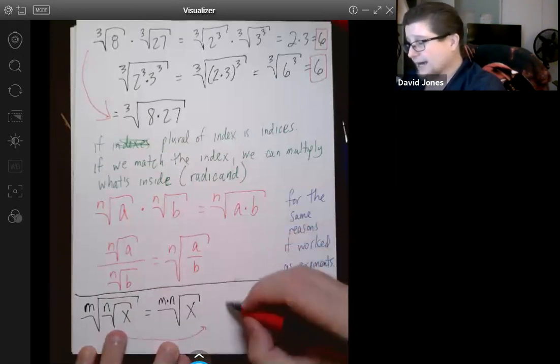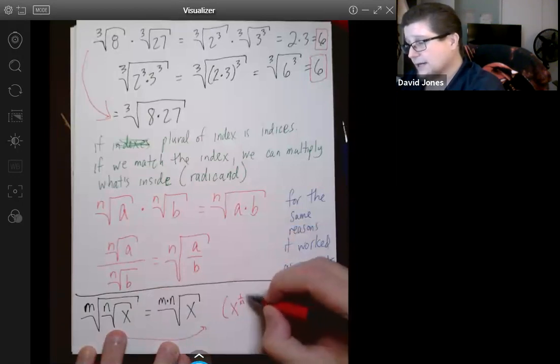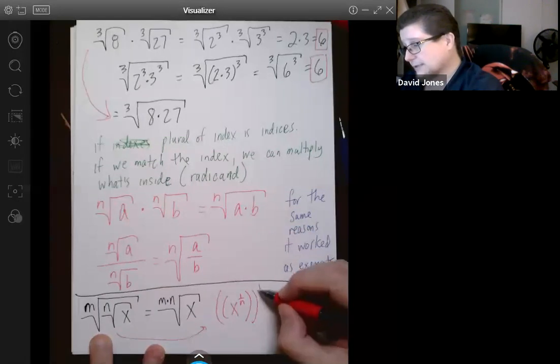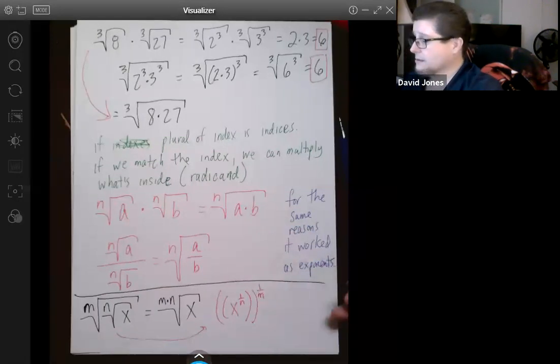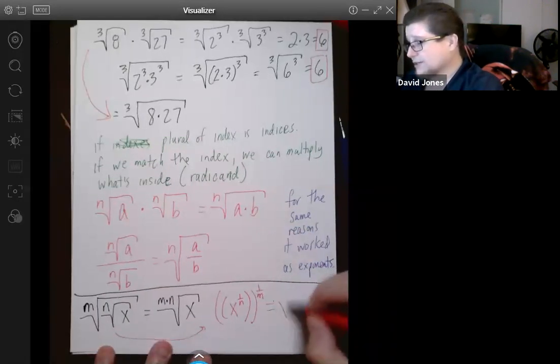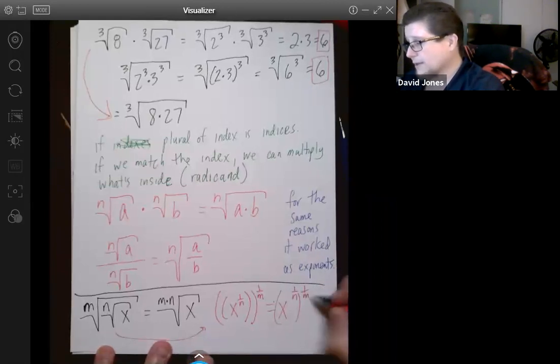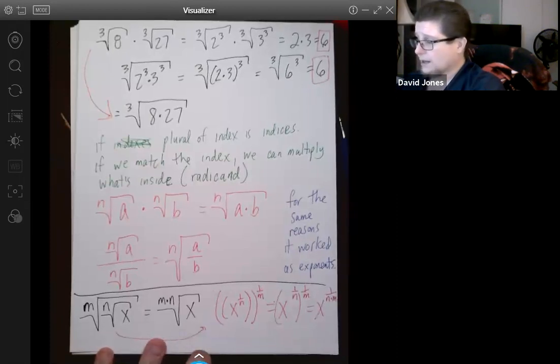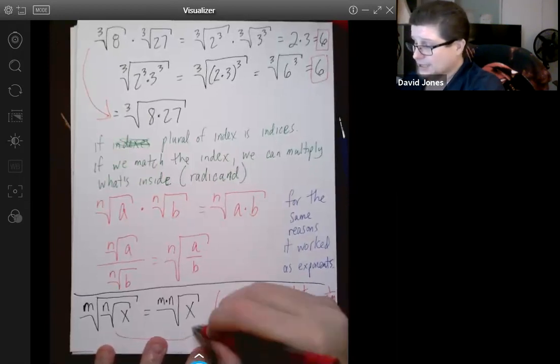The nth root of x is x to the 1 over n. And then the mth root is like that. So I have x to the 1 over n to the 1 over m, which is 1 over n times m. And that gets us back to there.